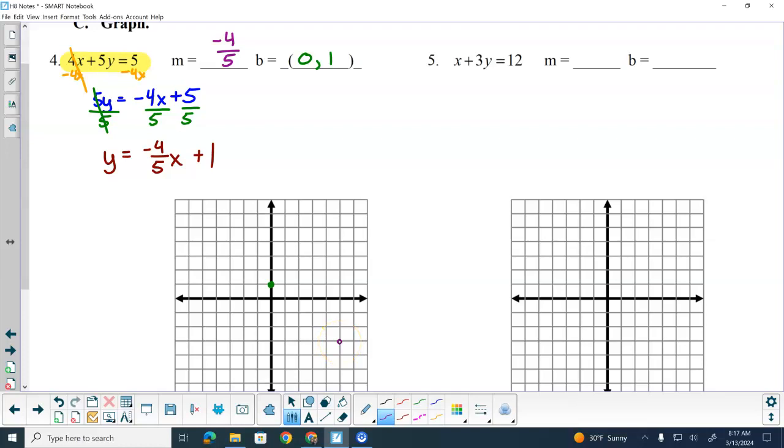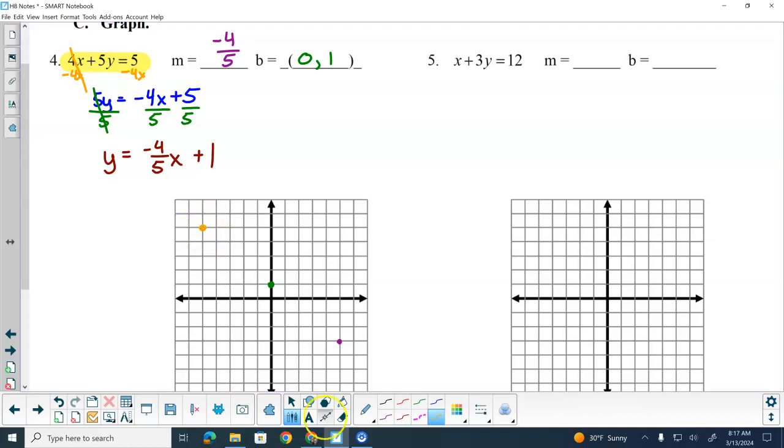Gotcha. If I don't like going 4 down and 5 right, what is my other choice? Up 4 and left 5. Okay?